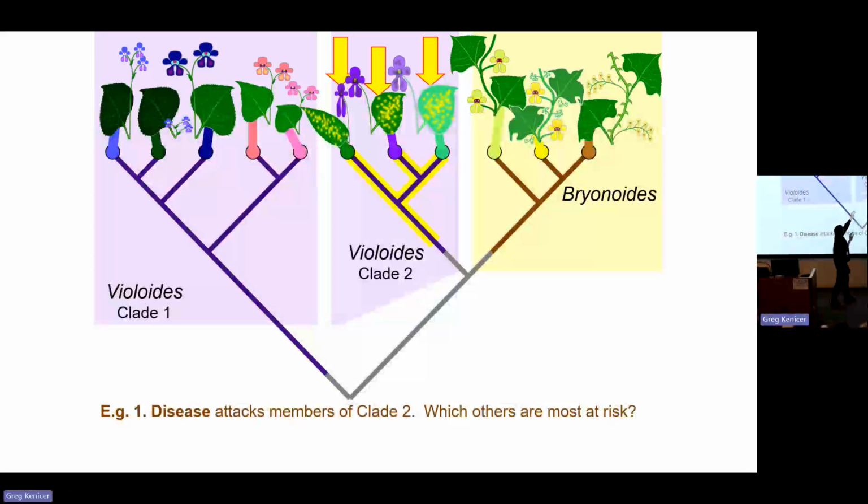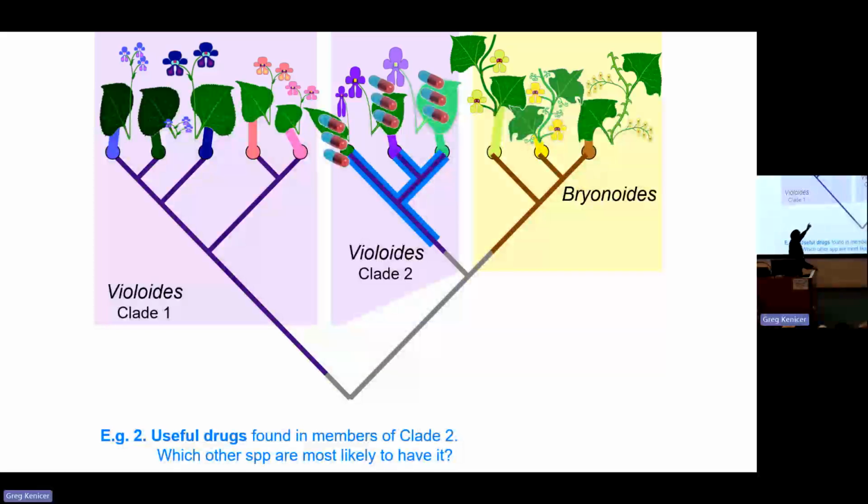The genetic data tells us that these are more vulnerable than those, which the morphological data doesn't, because they're genetically more similar, even if they don't look like it. Likewise, if somebody were to discover a potential new drug for human health in one of these clade 2, but maybe there's side effects, you want to find something similar but not quite the same. Again, the best place to look would be there, not there, as morphology would indicate. So these things do actually matter.